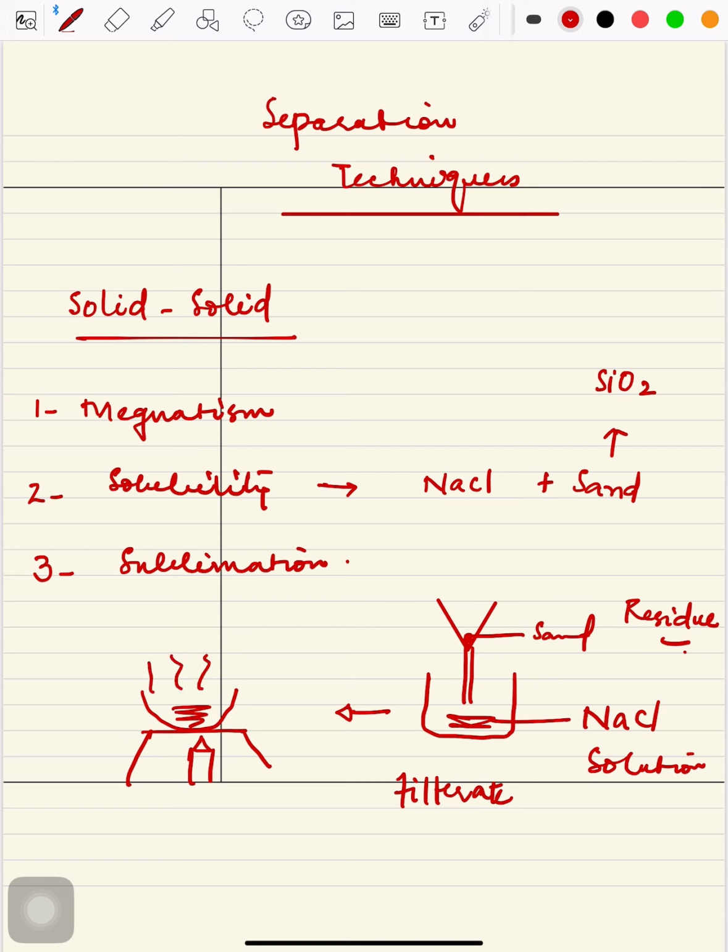It will be heated, and you can see that water vapors are forming and water will be evaporated. When a very small amount of water is left, you can leave the whole china dish on a colder part of the lamp to cool. As a result, all the water content will be removed and only sodium chloride will be left. In this way, sodium chloride and sand can be separated 100%.